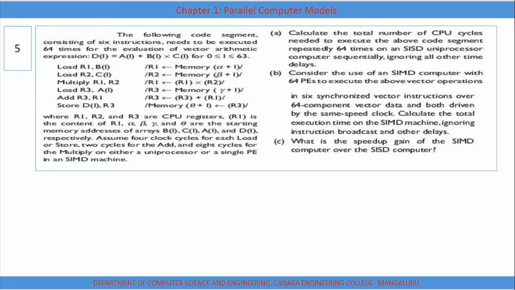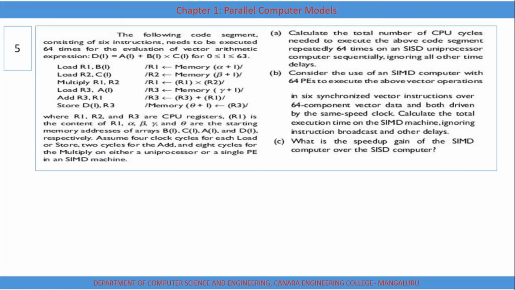Now the questions are: A. Calculate the total number of CPU cycles needed to execute the above code segment repeatedly 64 times on an SISD uniprocessor computer sequentially, ignoring all other time delays.